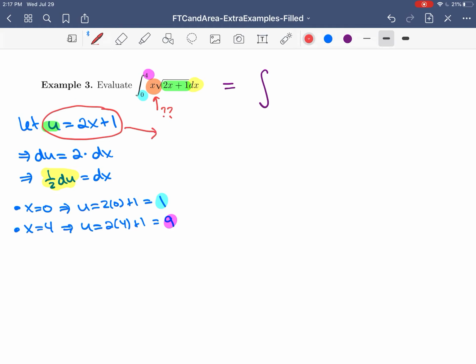If I solve for x, 2x is going to be u minus 1, which means that x is u minus 1 over 2. I can plug that in for x. So my integral is going to become the definite integral from 1 to 9 of u minus 1 over 2 times root of u times 1/2 du.